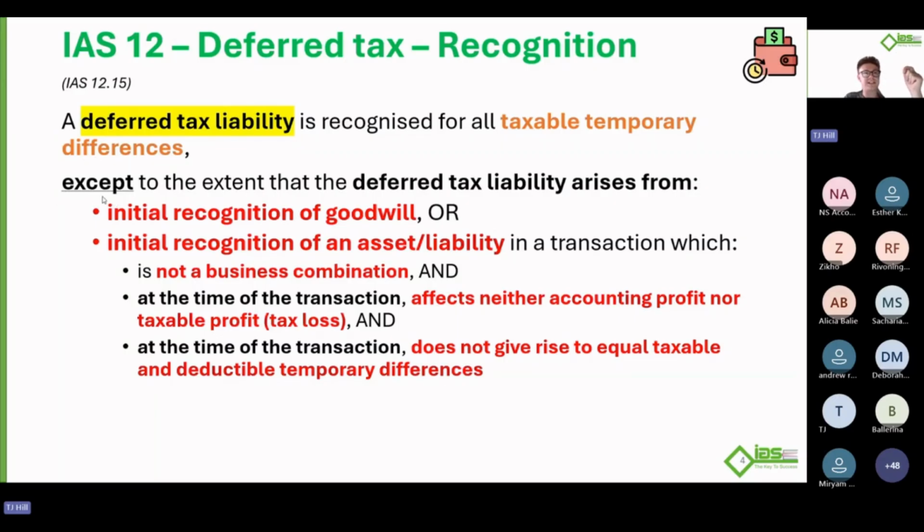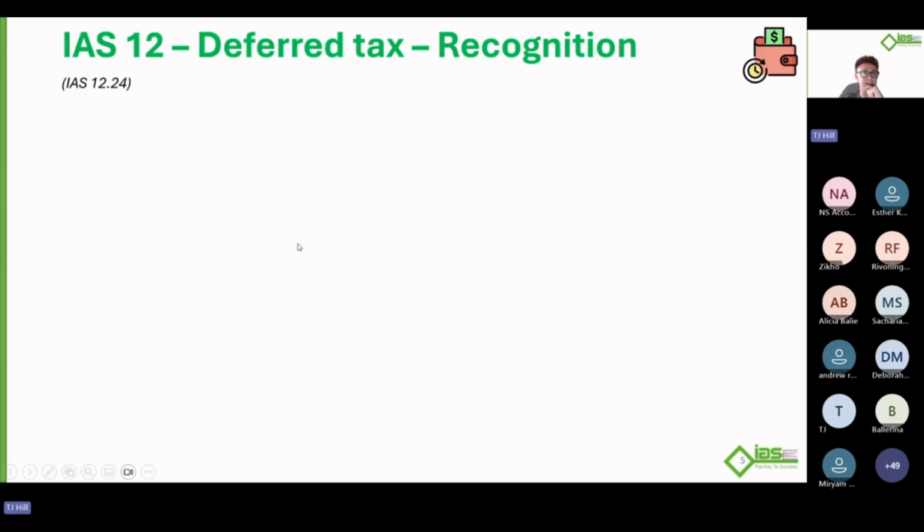We will not recognize it if it relates to an asset or liability's initial recognition that's not a business combination, that doesn't affect accounting profit or taxable income at initial recognition, and also at initial recognition does not give rise to equal taxable and deductible temporary differences. That's a lot, but we are going to look at quite a few examples to explain it.